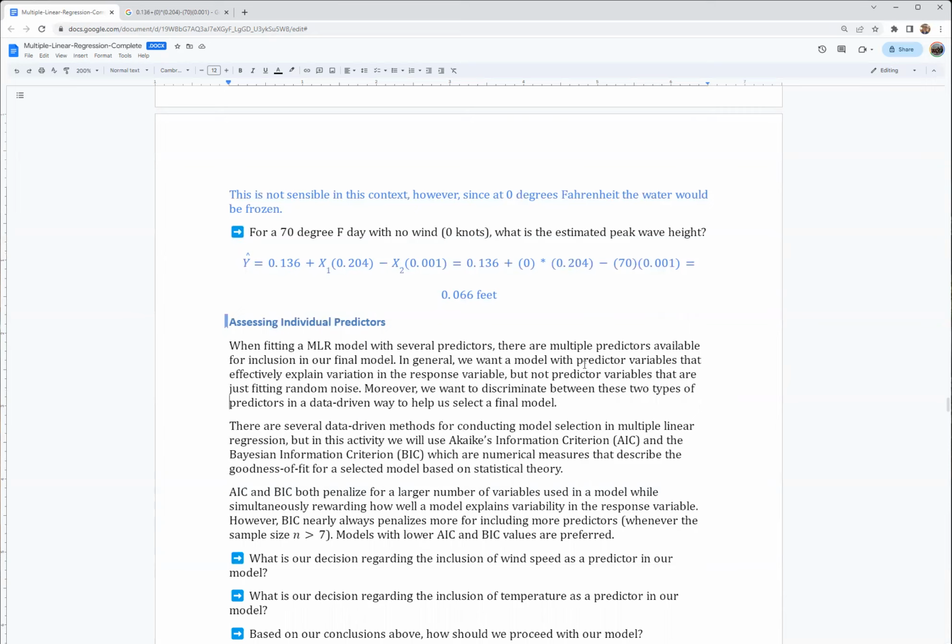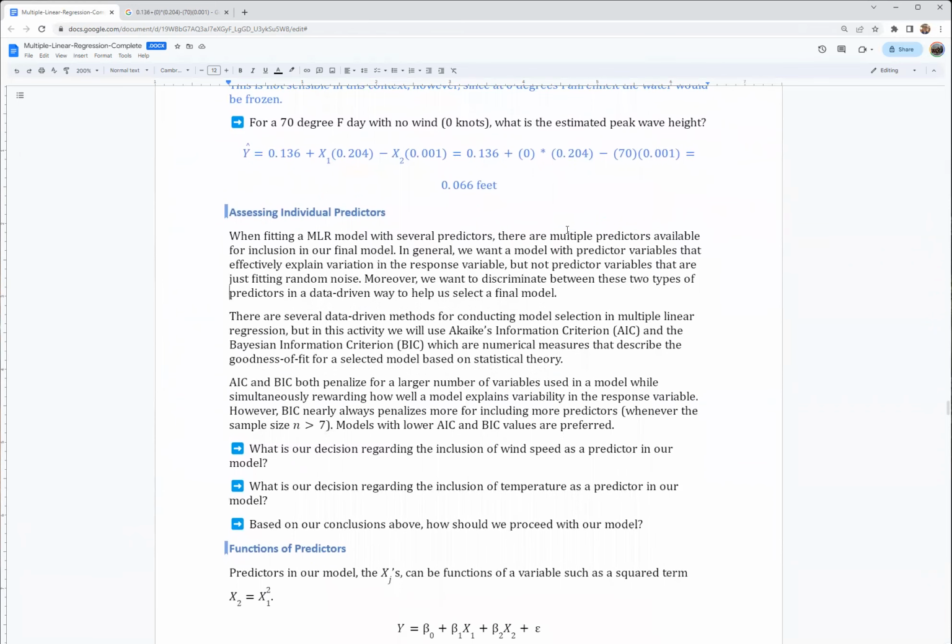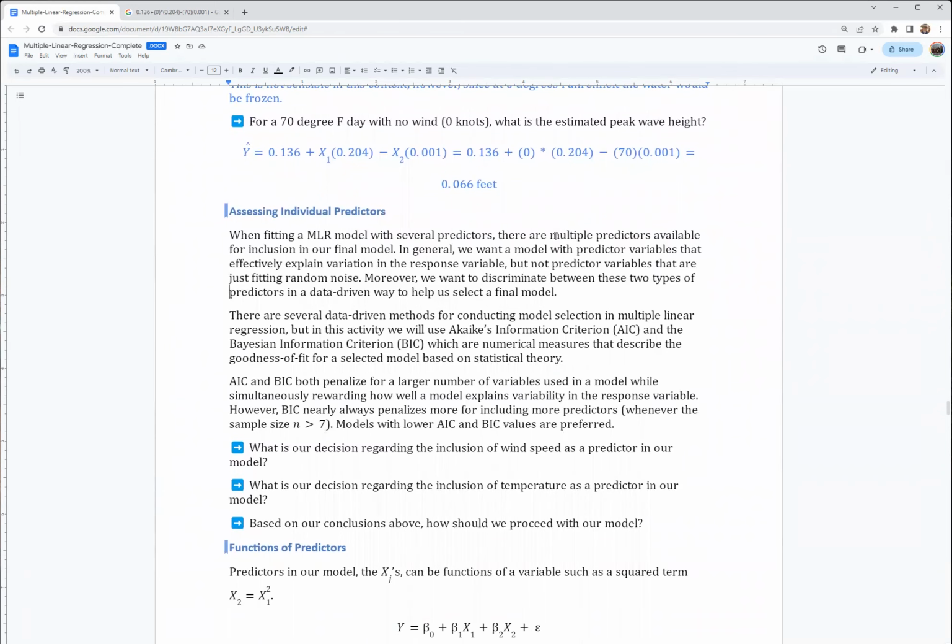So we want to let the data inform us about which predictors we should include in the model and which we should drop and not include as predictors. There are many different ways to do this. We're going to focus on two of the most commonly used metrics that help us decide that, which are referred to as information criterion metrics.